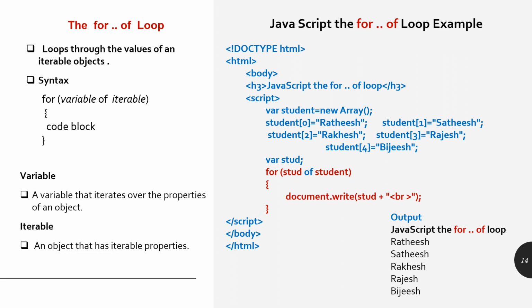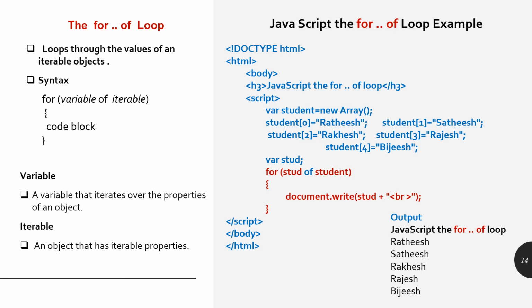Iterable object means an object that has iterable properties. So that means the object should have the provision for the iterating feature. Example we will see.